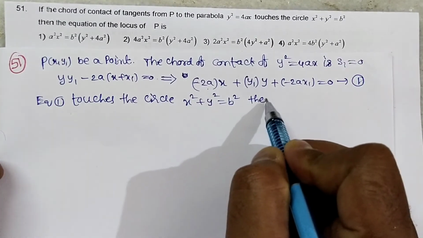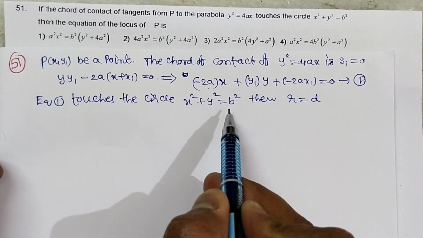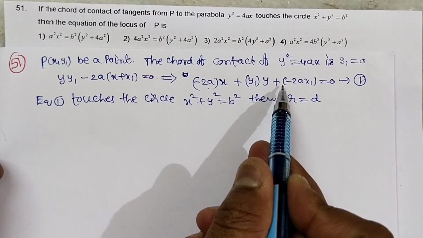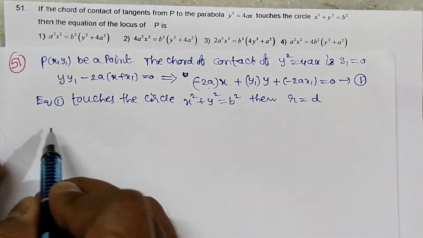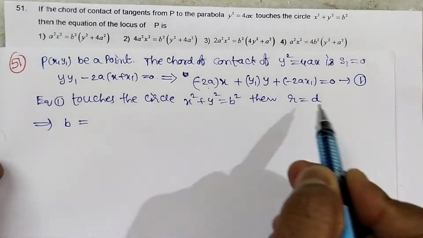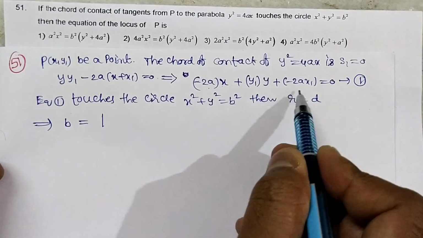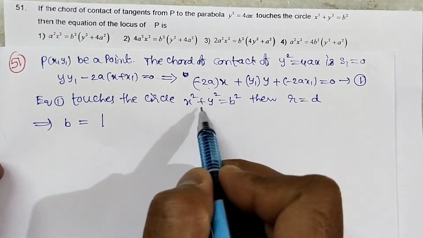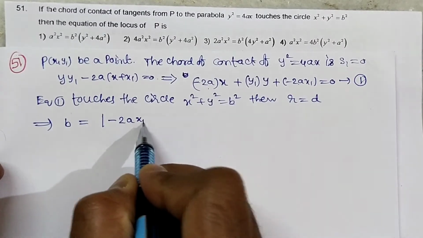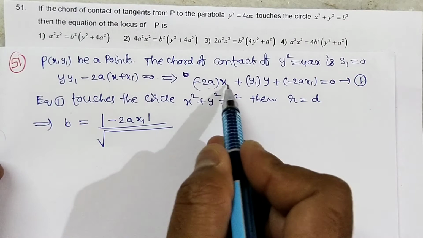Then r is equal to d. R means radius of this circle. D means perpendicular distance from this circle center to this line. So r equal to, r value is what? b. D means perpendicular distance from circle center to this line. So mod c by, whenever circle center is 0, 0, mod c by, so minus 2ax1 divided by root of x coefficient whole square plus y coefficient whole square.